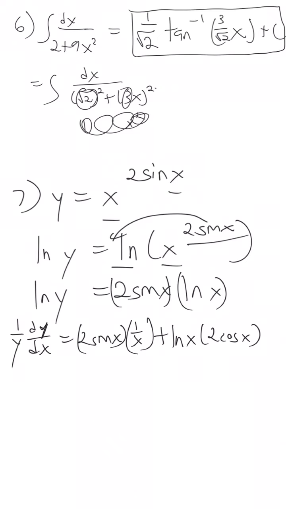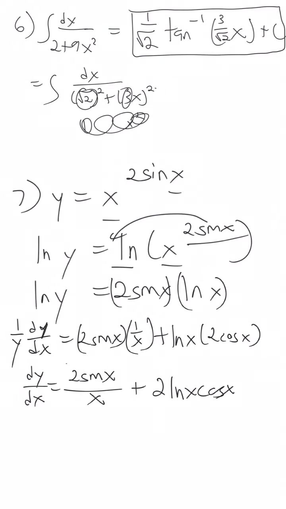Now you want dy/dx by itself, so you multiply both sides by y, and so you get 2 sine of x over x plus 2 natural log of x cosine of x, times y. But you don't like 3 variables in here. I mean, it's not the worst thing in the world, but you want 2 variables. So you just rewrite what you got.